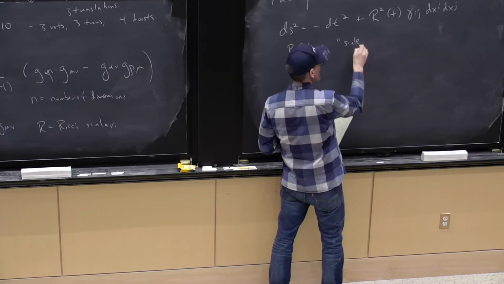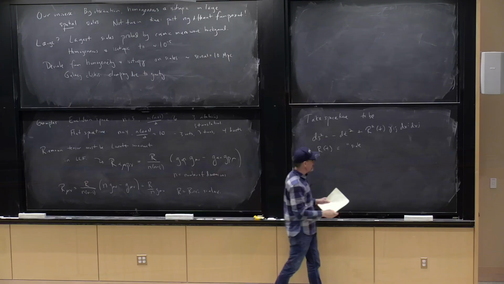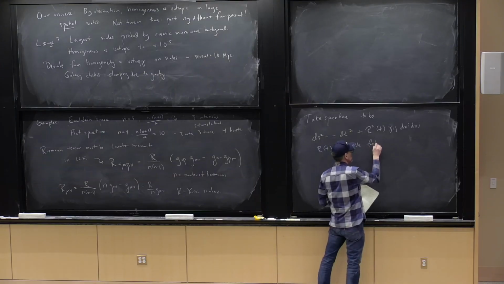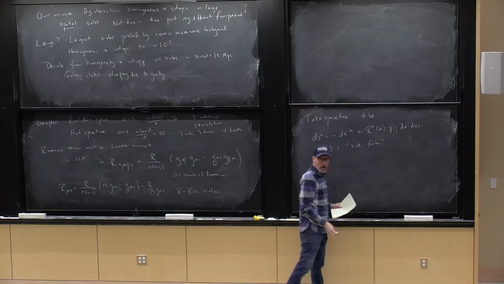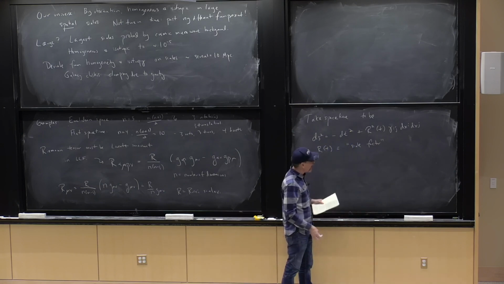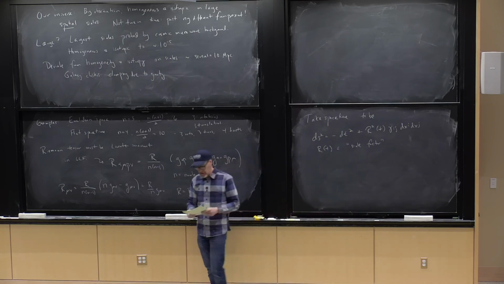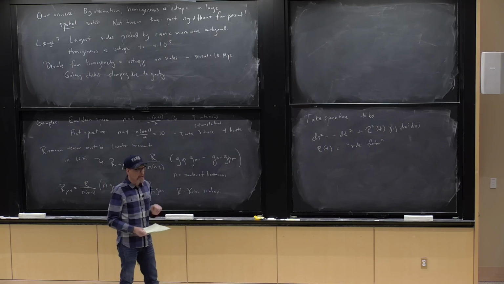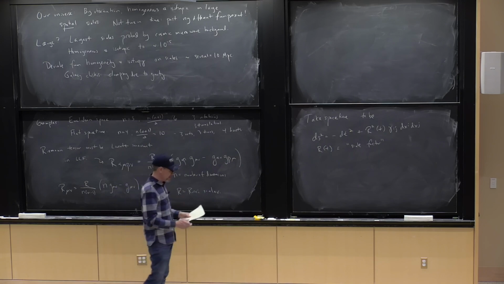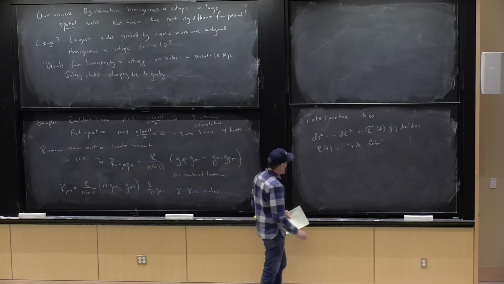It's one variant of a couple of functions that are going to get this name. We call this the scale factor. Caution, it's the same capital R we use for the Ricci scalar. It's not the Ricci scalar. Just a little bit of unfortunate notation, but it should be clear from context which is which when they come up.